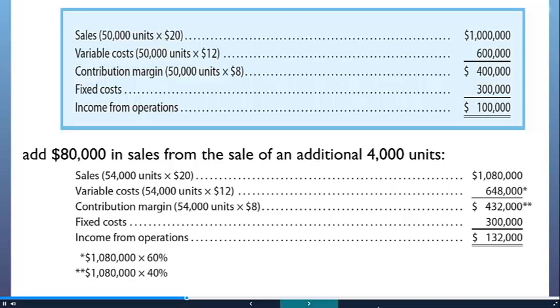You'll notice our contribution margin per unit would not change, but in total it would increase. Our fixed costs are going to remain the same, and our income from operations will then again increase by $32,000. So this is a good way to double check yourself and make sure your contribution margin ratio is accurate.